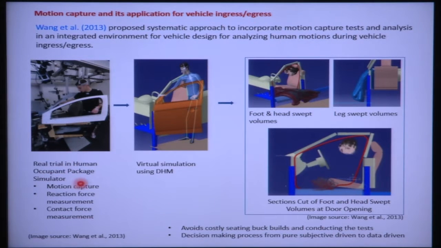capture system. So, what is this motion capture system? A motion capture system is actually a camera based system, generally IR camera, infrared camera, which tracks markers on the driver's body. Those cameras track the marker locations, and the captured data from the camera is transferred to the motion analysis software.